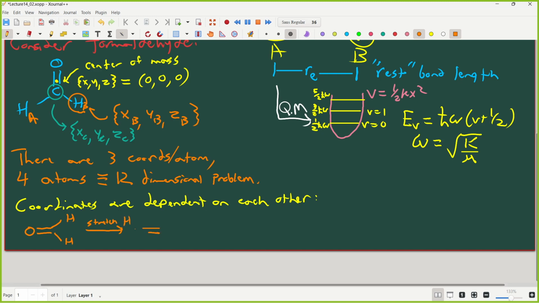Right, so the molecule now looks like this. Something like that. Okay? And now I want to ask the question, how does the stiffness of the CO bond change between here and here? Because now I have a different structure for the molecule.